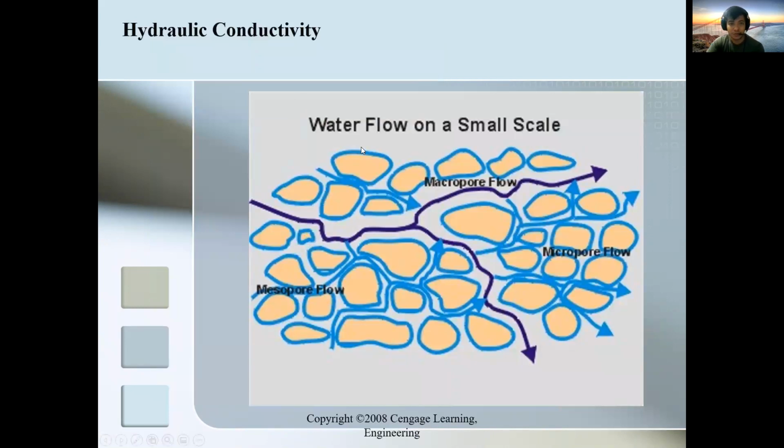Okay, so usually if you look at your soil in the microscopic view, the bright colored part is your solid particles, the yellow parts, the yellow solids.